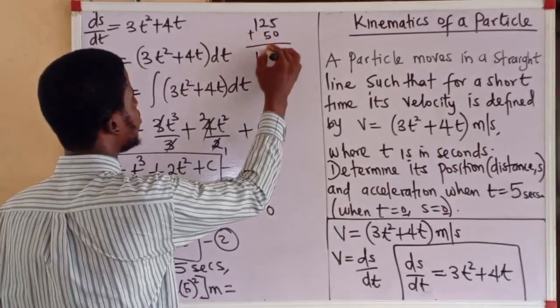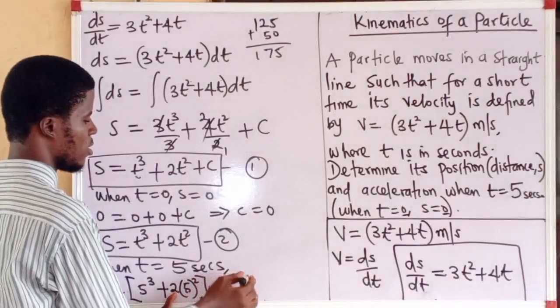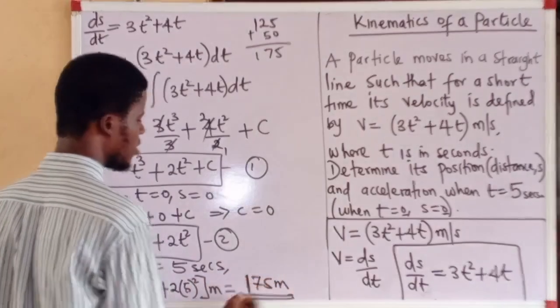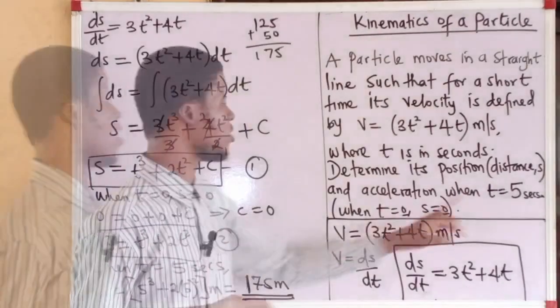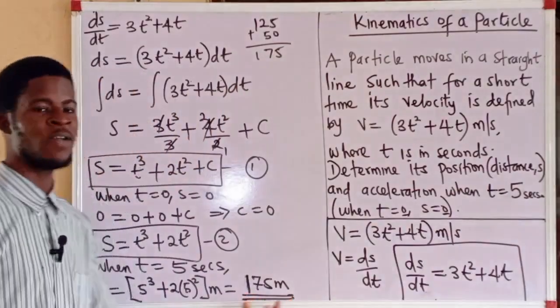Add together to get 175. So the distance of the particle when t is equal to 5 seconds is 175 meters.